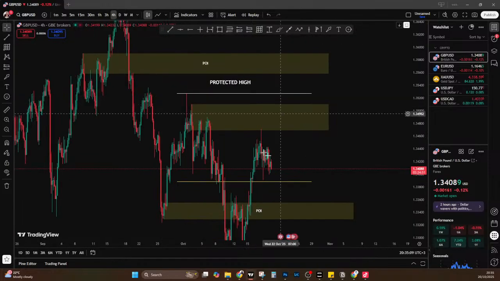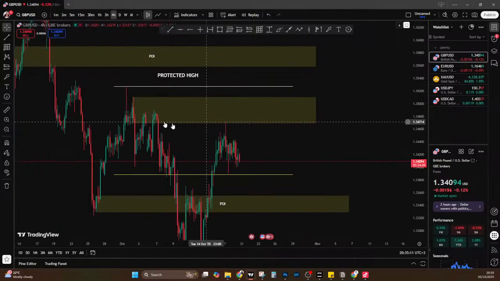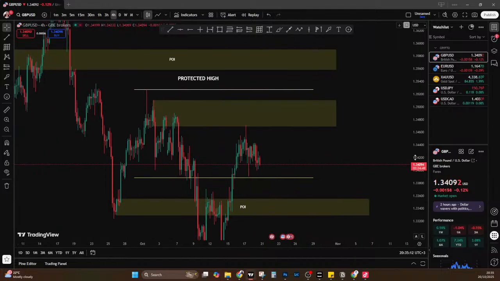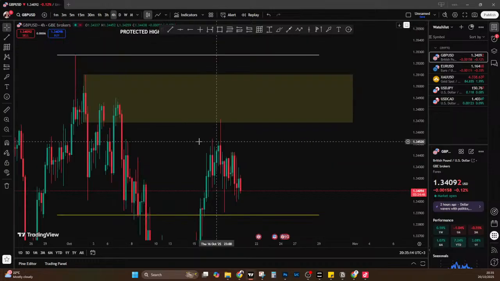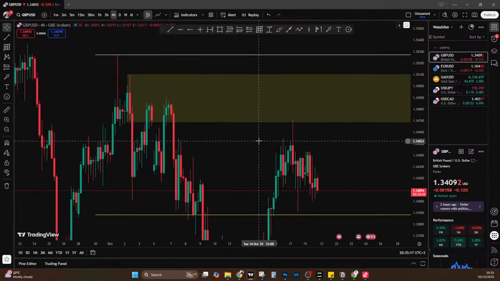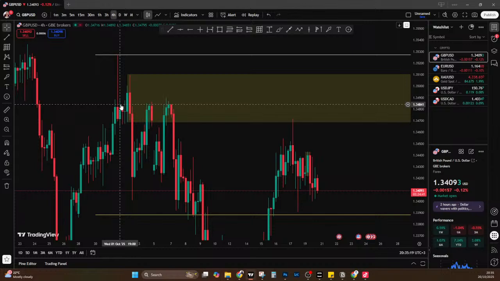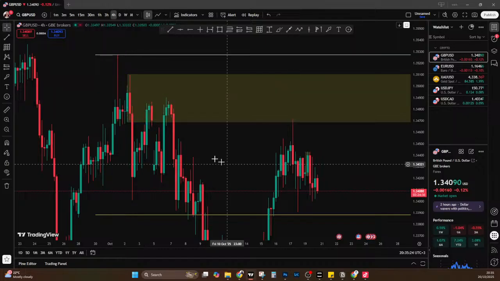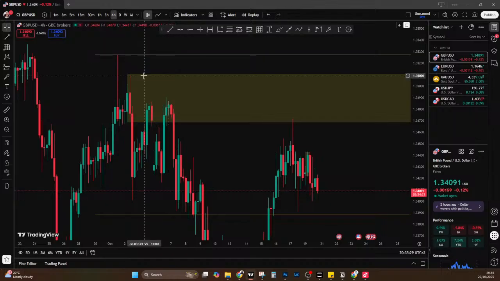So where are we? We were here, looking at the order flow. So we got our POI here, or our order block here. If you can take this order block, this one was mitigated by this order block.